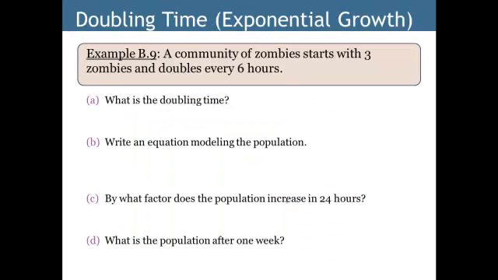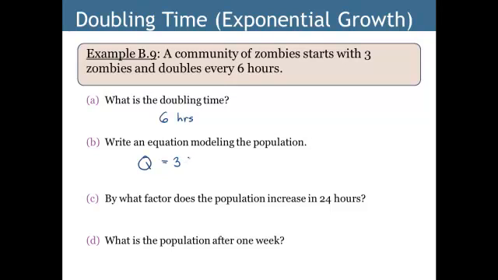Okay. All right, let's do another one. A community of zombies starts with 3 zombies and doubles every 6 hours. What is the doubling time? Well, in this case, I told you, it's 6 hours. Okay, nothing to calculate there. Write an equation modeling the population. Well, it's Q equals the initial amount of zombies, was 1.